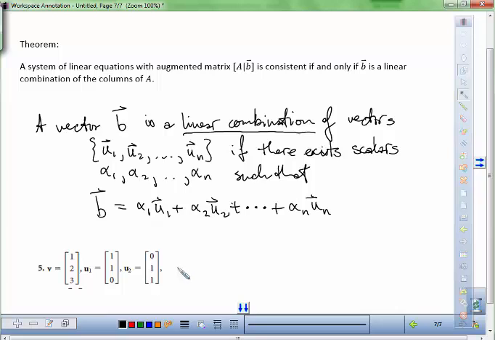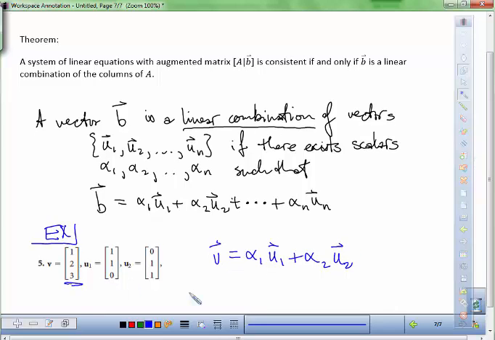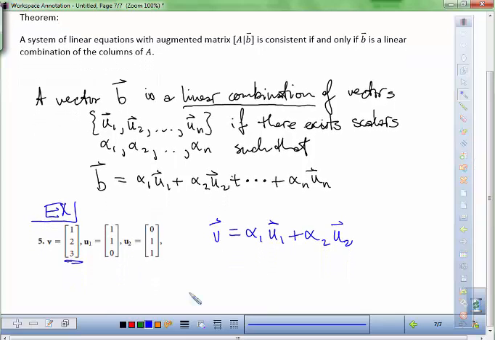For example, if we try to write V as a linear combination of U1 and U2, I should be able to find alpha 1 and alpha 2 to satisfy this equation.